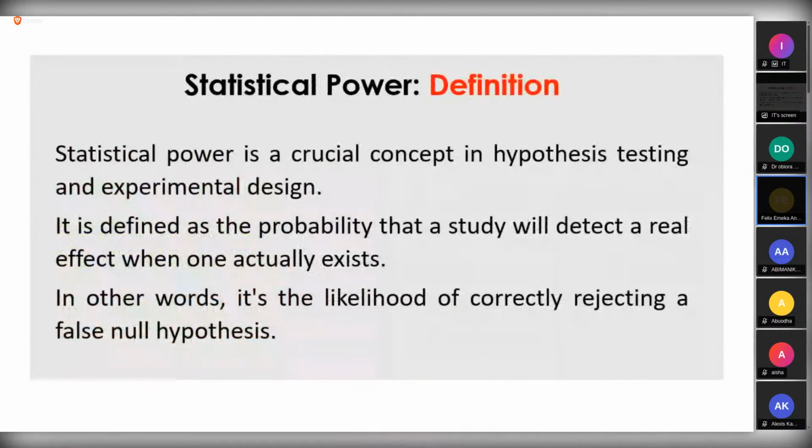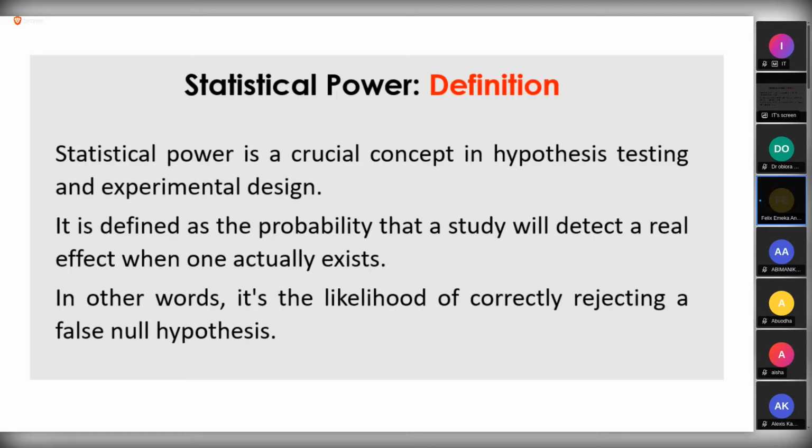So what is statistical power really? It is defined as the probability that a study will detect a real effect if one actually exists. So in that example I showed you, I have a feeling that there is a real effect, meaning that there was a difference in the training, meaning the intervention was impactful. The training we did was impactful, but because the power was small, we did not see any statistically significant difference.